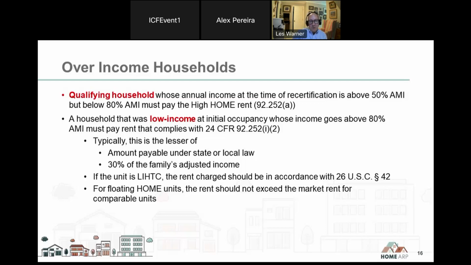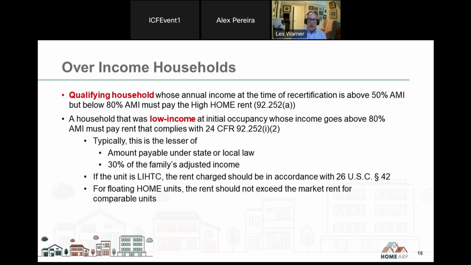occupied by low-income households, or if after initial occupancy their income has gone over 80%, that you are following that protocol. But over time, the specific home units could be different. So if we have a household that's gone over income, we might be able to replace that unit with another 2-bedroom unit that becomes available, and then designate that as our HOME-ARP unit that's going to be occupied by a low-income individual.